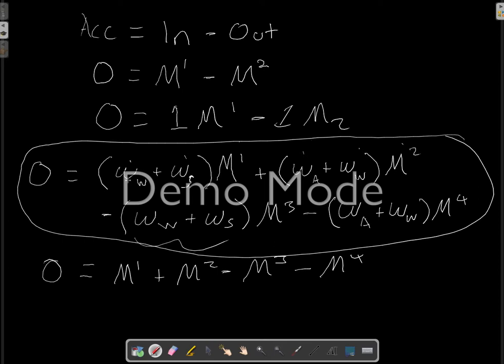Really it would be WW times M1, WS times M1, WA times M2. Our variables are our multiplied together factors. But for the sake of this exercise, let's forget that we can actually distribute them. Let's just look at our problem as it is.